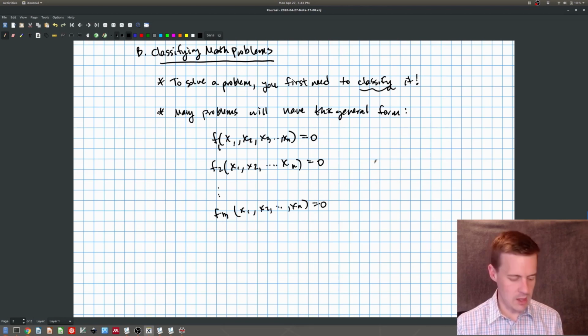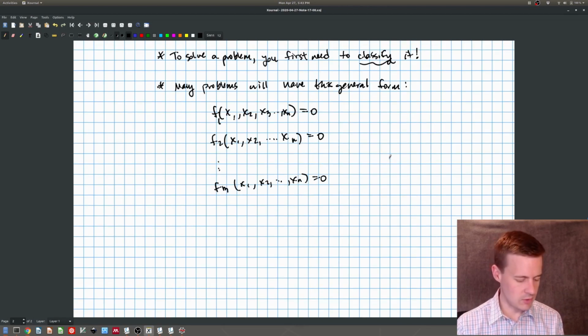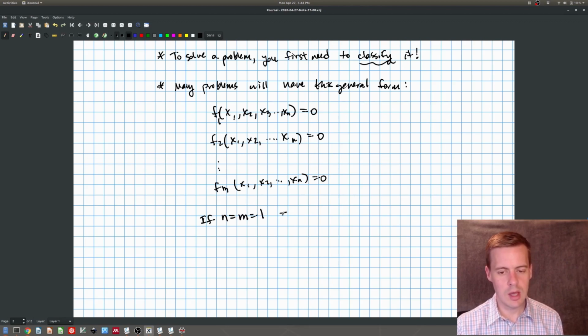Let's talk about classification of different things. So the first thing we'll say is if n equals m equals 1, then we have a single equation. So I would just have f of x equals 0. That's just a single equation.